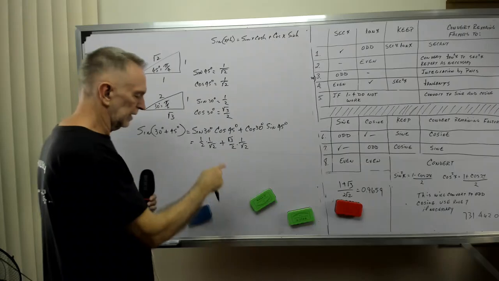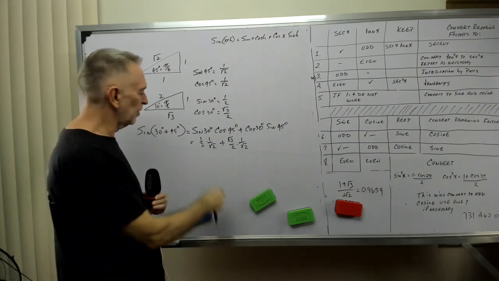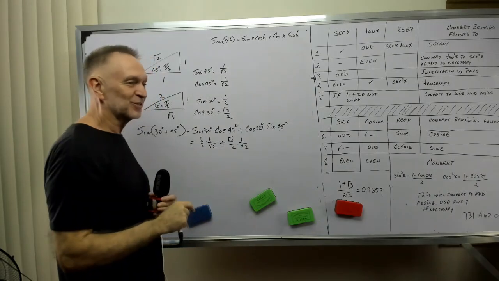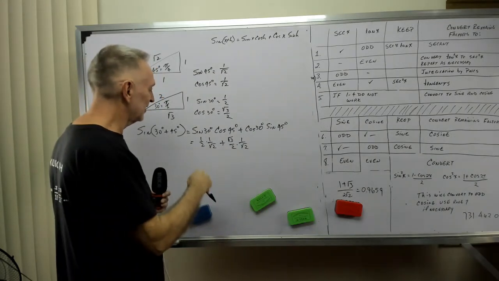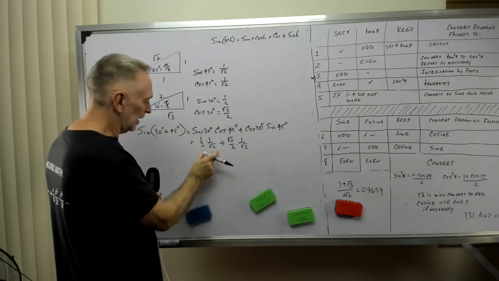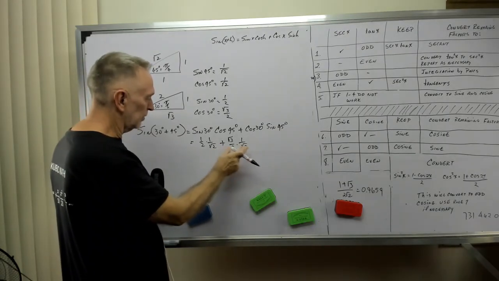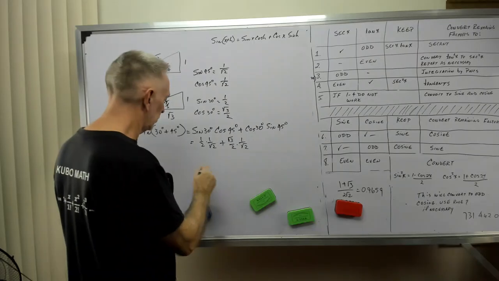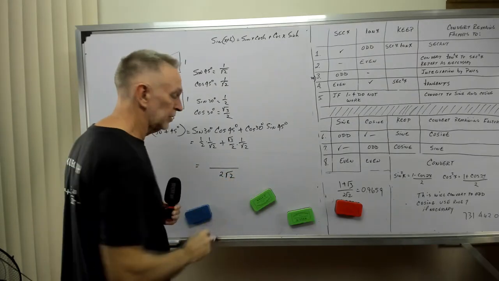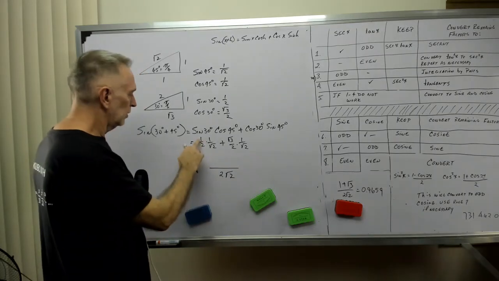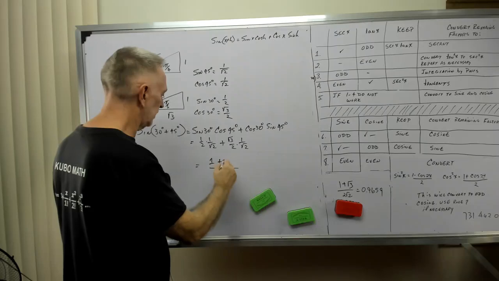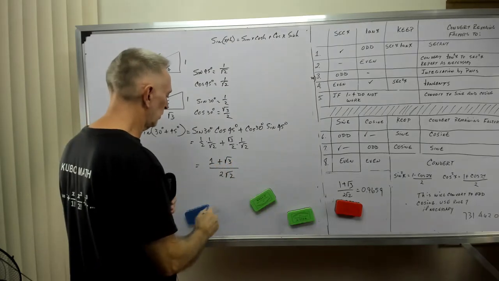Now you'll notice, I know the mathematicians are falling on their pencils right now because I have a radical in the denominator, but hang loose. I have 2 times square root of 2 in the denominator in both terms, so I can let that be my common denominator. So 1 times 1 is 1, plus square root 3 times 1, square root 3.